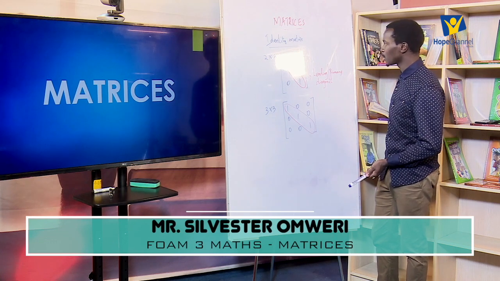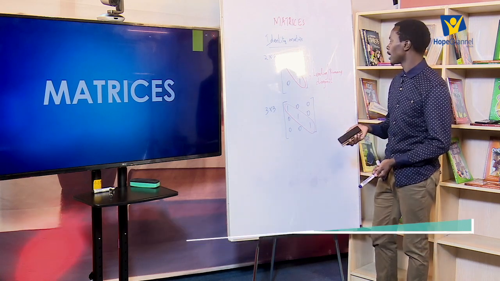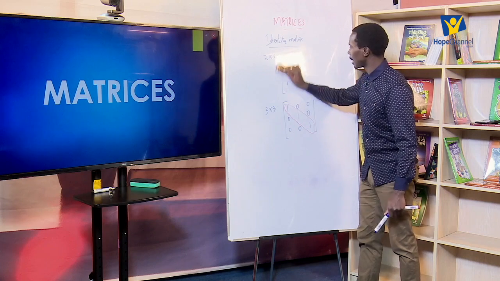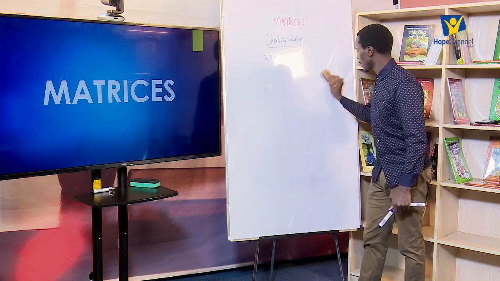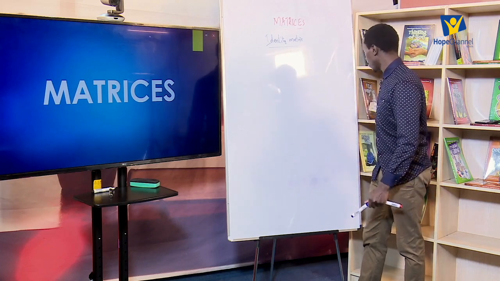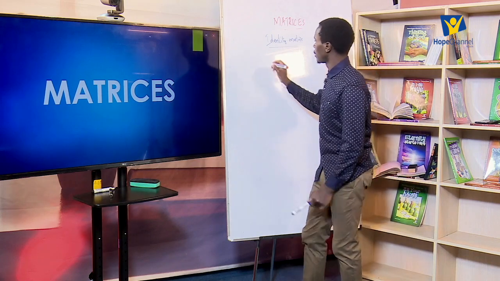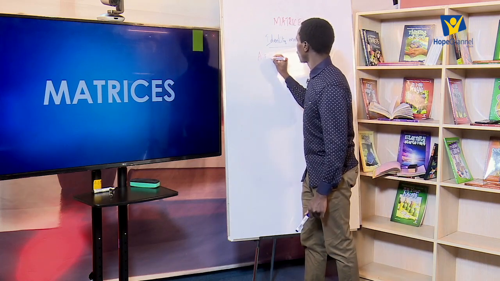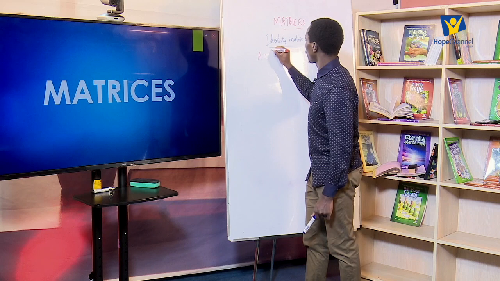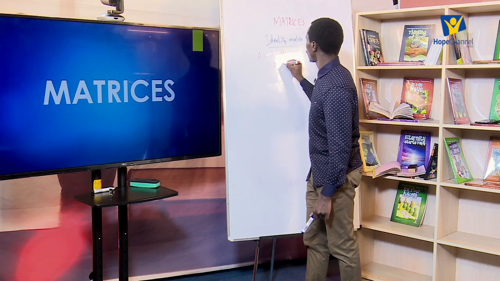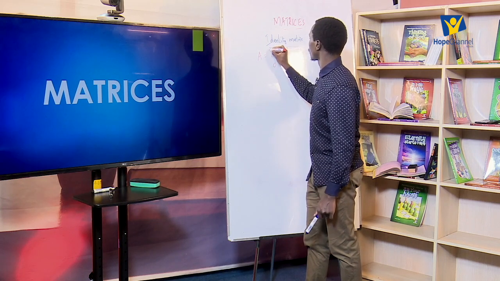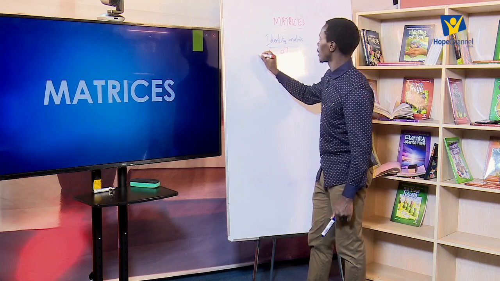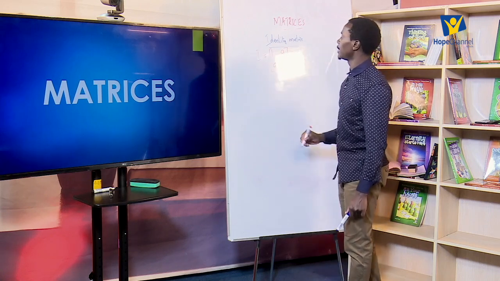Now, what happens when you multiply an identity matrix with another matrix that is not an identity matrix? Let me take an example of a 2 by 2 identity matrix, maybe A, which is 1, 0, 0, 1. Let me indicate it as I to mean identity.